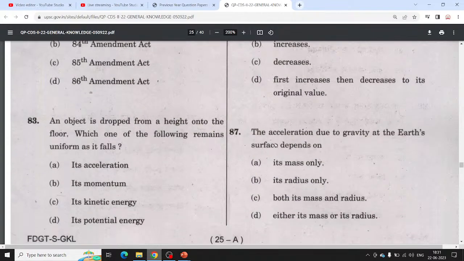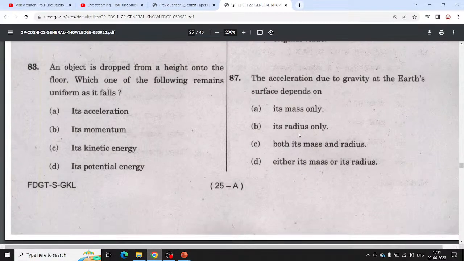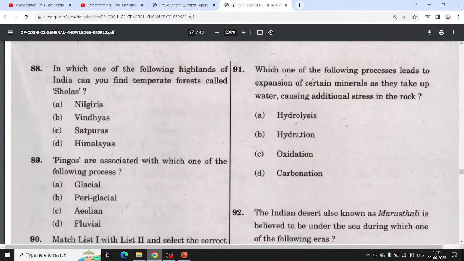Okay, next, see physics, gravitation, acceleration. Okay, questions are asked, 83, 87. Next, 88.